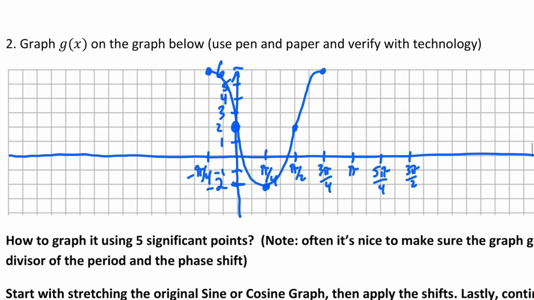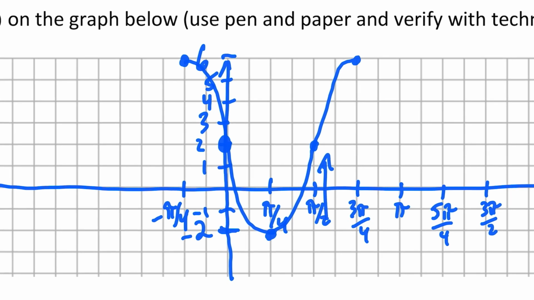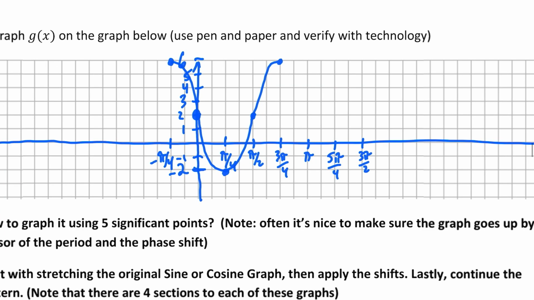Okay, so at this point, I like to look at the pattern. So if you think about this, it goes over 2, and then it goes down 4. And then it goes over 2, and then down 4. And then from here, we go over 2, and we go up 4, right? And we do that again twice in a row.